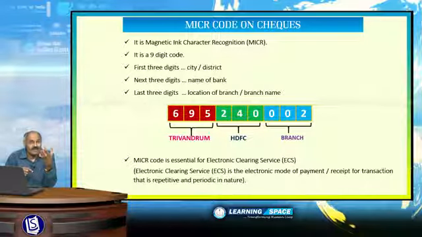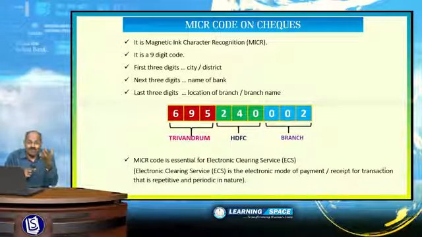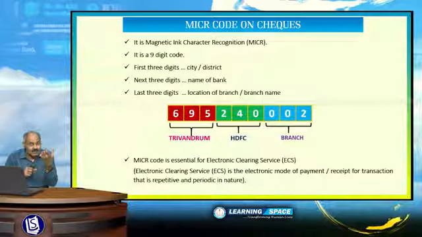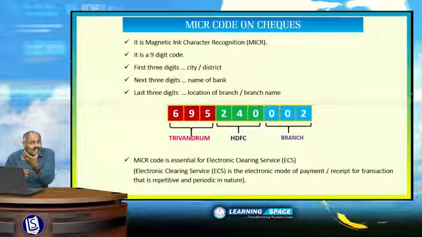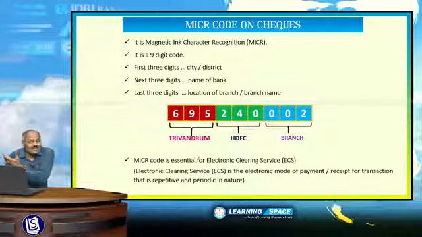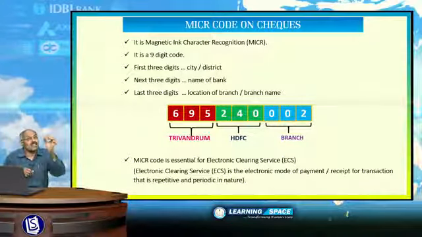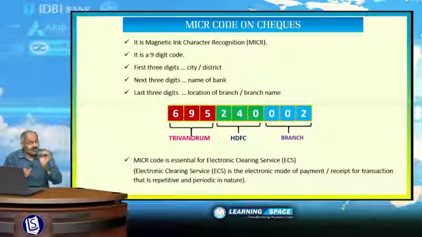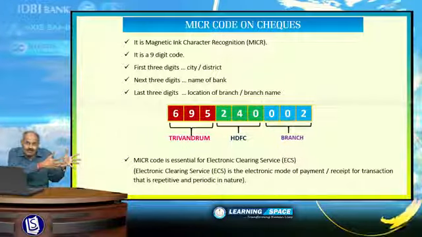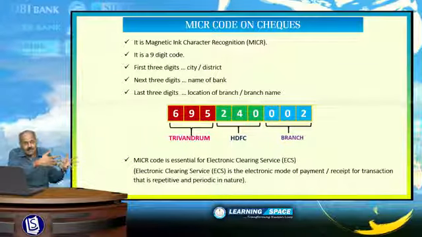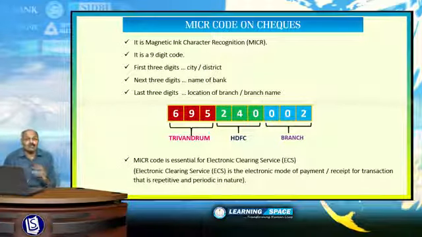If you take Trivandrum, it is 695. Normally the PIN code will be there for the first 3 digits. Trivandrum 695. The next 3 digits represent the name of the bank and the last 3 digits represent the branch. MICR code is a must for check transactions and IFSC is a must for NEFT and RTGS transactions. Please don't forget. MICR is magnetic ink character recognition.